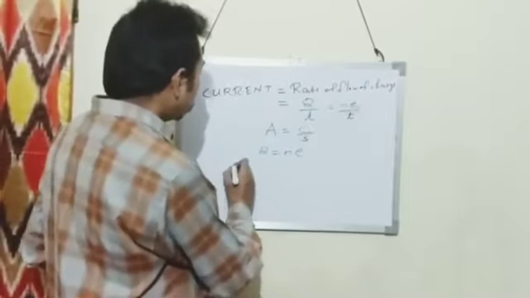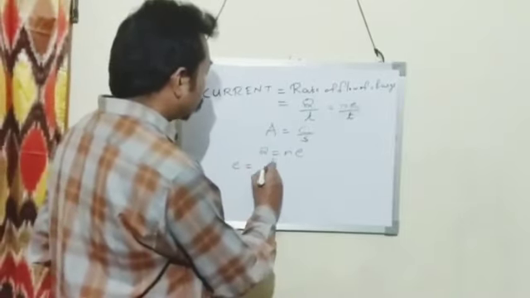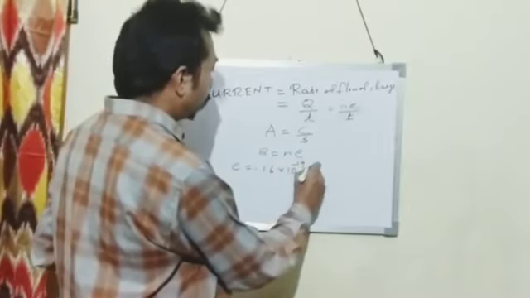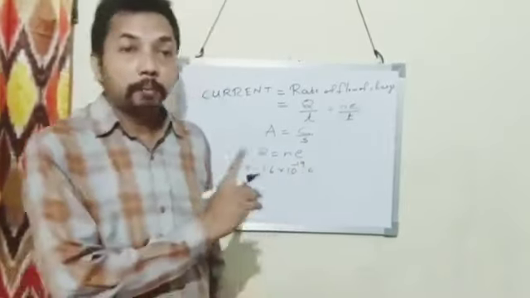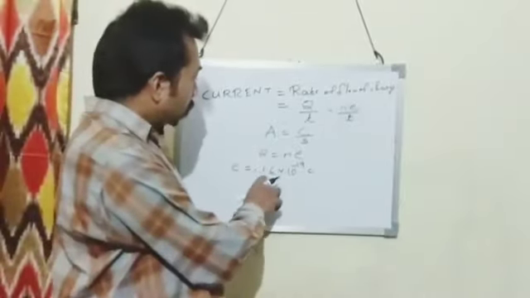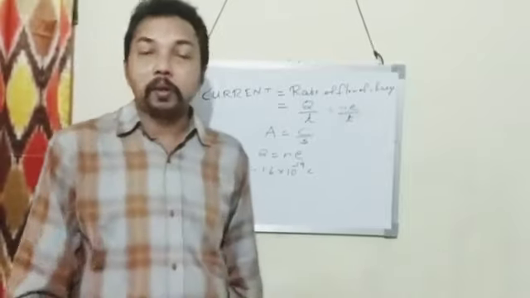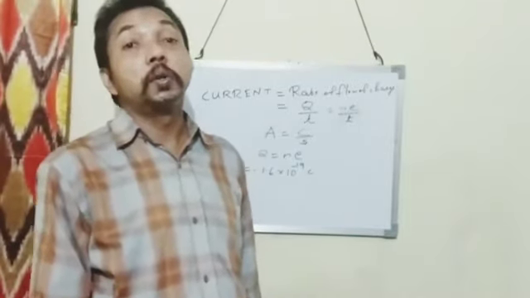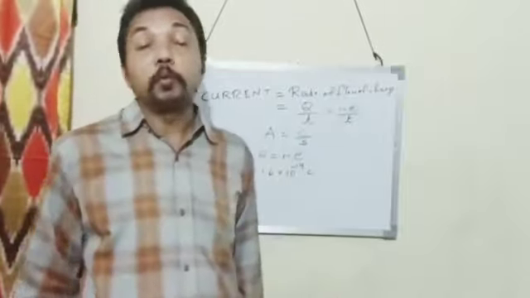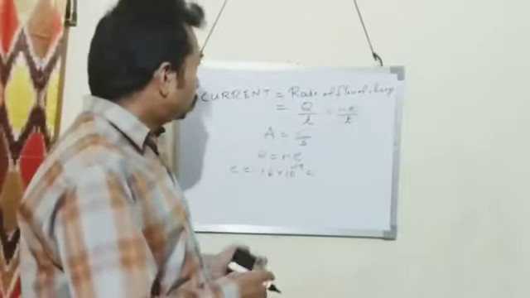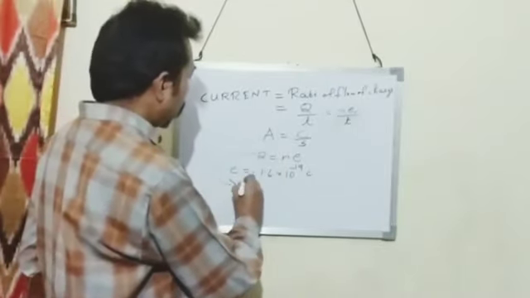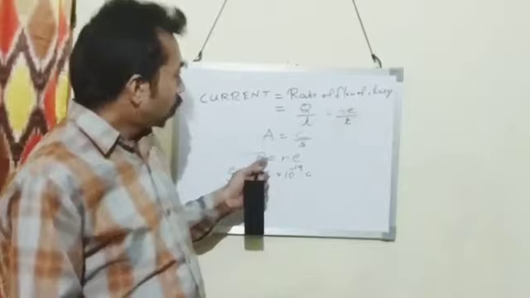The magnitude of charge of one electron is 1.6 into 10 to the power minus 19 coulomb.